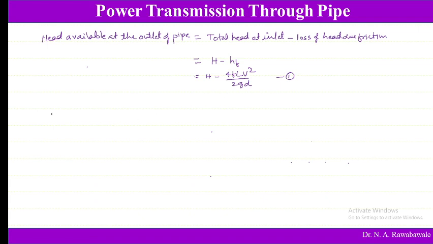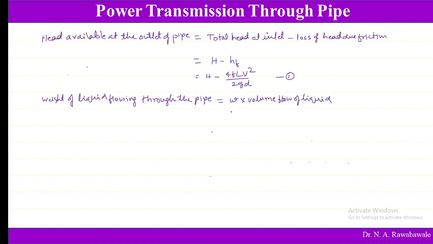To find the weight of liquid flowing through the pipe, weight is equal to weight density into volume flow rate of liquid. The volume flow rate is what we call the discharge Q. Weight density is rho g, that is mass density into acceleration due to gravity.